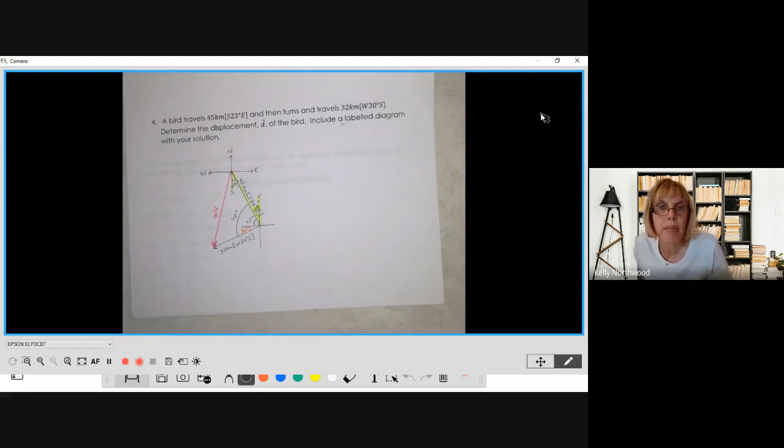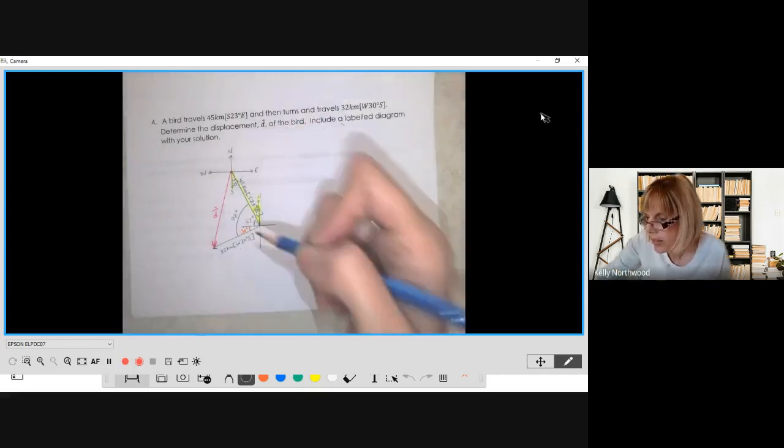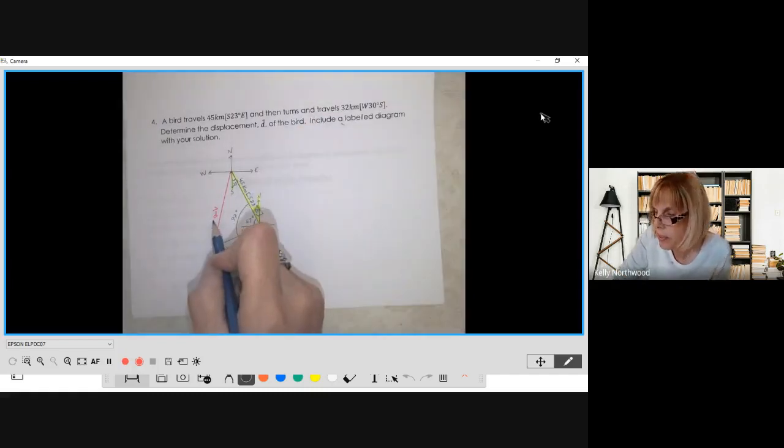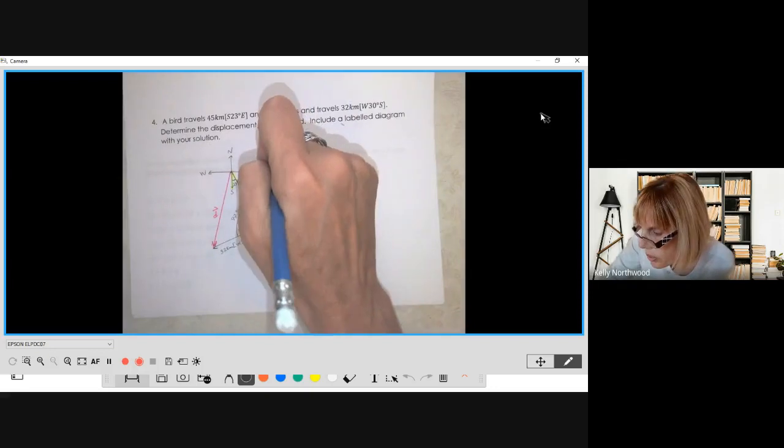Finding the angles is probably the most challenging part of this first intro to vector stuff. You have to remember the C patterns, the Z patterns, complementary angles. And now you've got your side angle side, you can find the magnitude of the displacement vector. So you're going to use the cosine law.